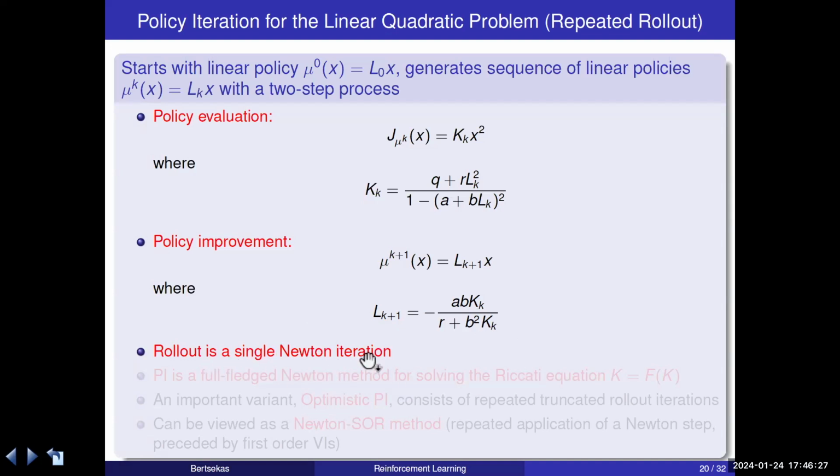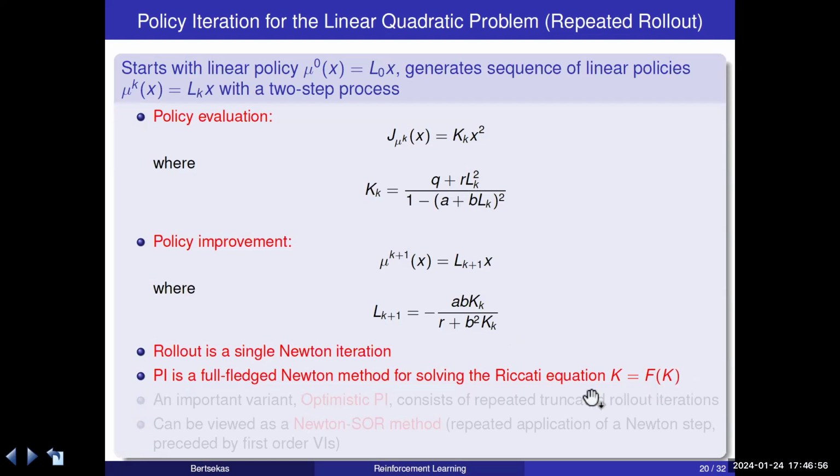A single policy iteration is what rollout is, and it can be viewed as a single Newton iteration. The policy iteration method is repeated rollout, and it's a full-fledged Newton's method for solving the Riccati equation, with every iteration being a rollout step.